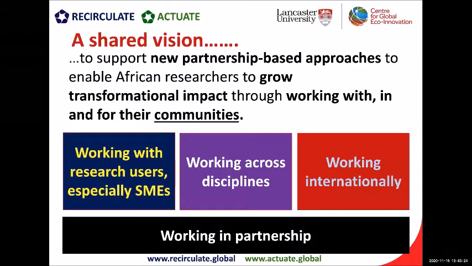And really, the project was conceived as a shared vision. So we've co-created, we're in the process of course co-designing, and most importantly, co-delivering. And it really looks at how we support new partnership-based approaches to enable African and, of course, UK researchers to grow transformational impact through working with, in, and for their communities.